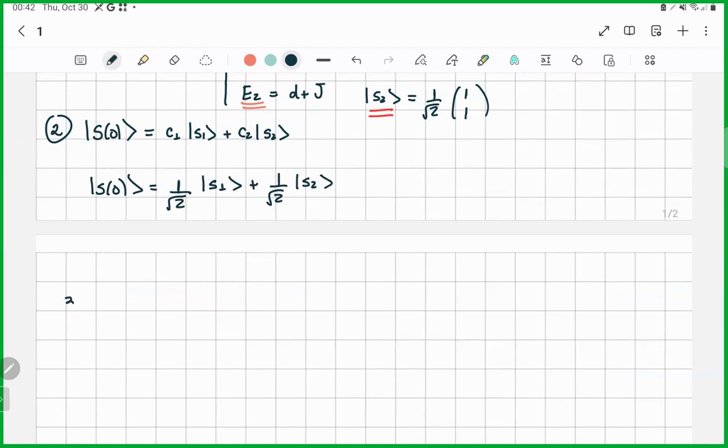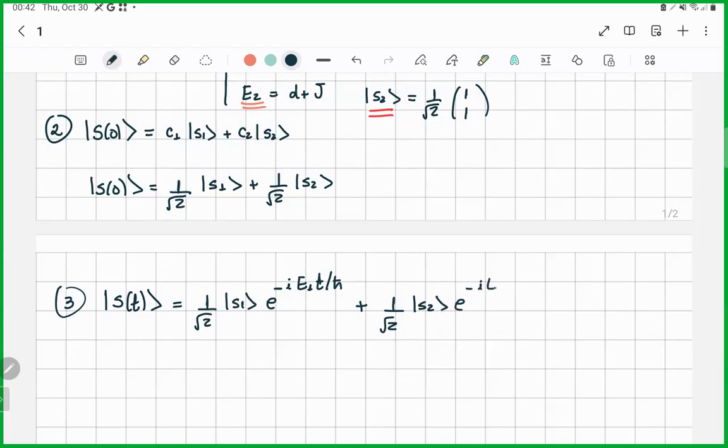So finally, we have our evolved state: 1 over square root of 2, S1 with the exponential of the energy E1 t over h bar, and S2 with the energy E2. All right, that's the solution. But we are going to move a little bit more with it and put it in a very nice form. You will see it now.